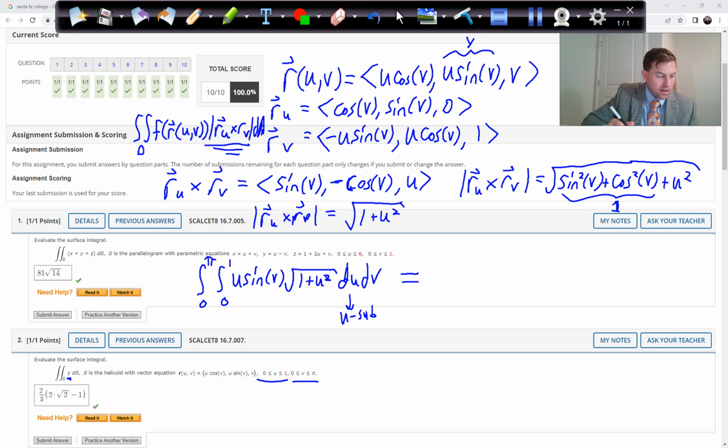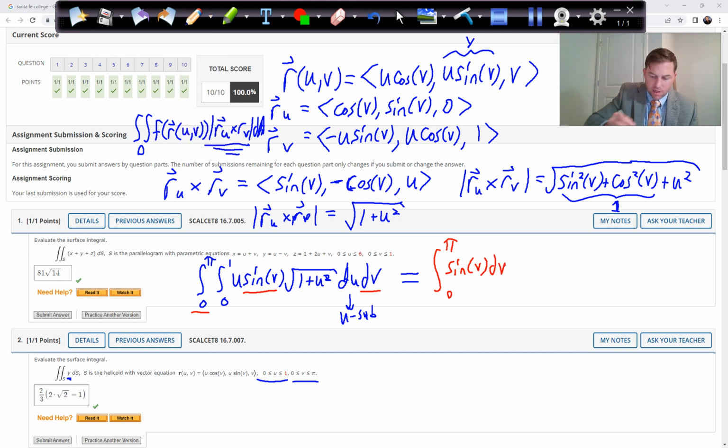You should get, actually, this is an even better way to do it. You can split these two up. Since this is totally separate from the u stuff, you can separate that into its own integral, 0 to pi, of sine v dv.